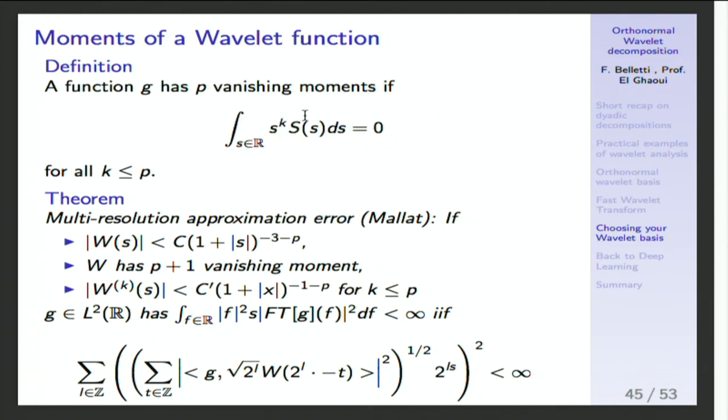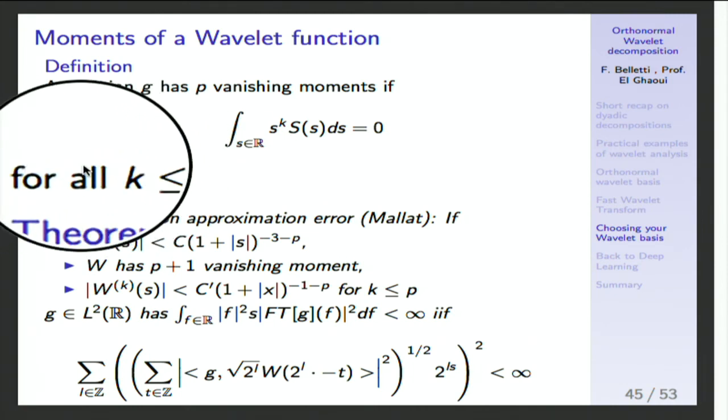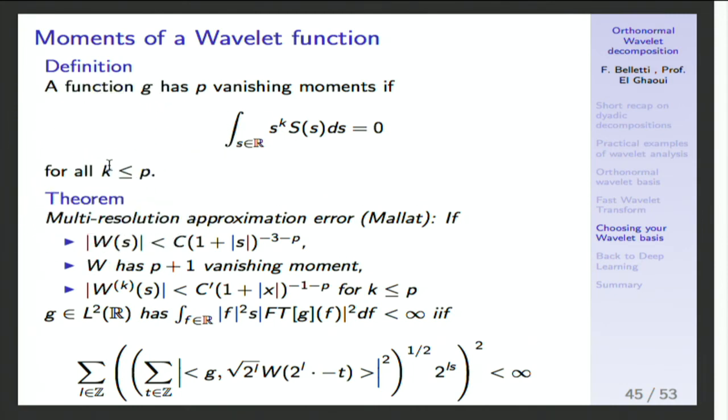A function is said to have p vanishing moments if its moment of order k for any k below p is 0. This has a strong implication. It means that if s, the scaling function, verifies that, it's orthogonal in the Hilbert space L2 of R to any polynomial that has a degree less than p.